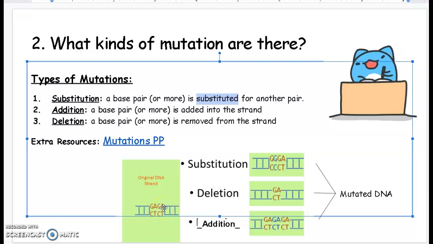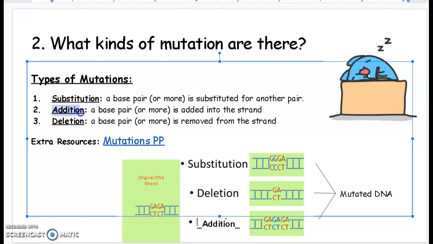That is the original. When substitution occurs, so it's getting replaced, so look carefully in the new one. G. Notice that the second base pair, it was an A. Now it's a G. It got replaced. So that's substitution.